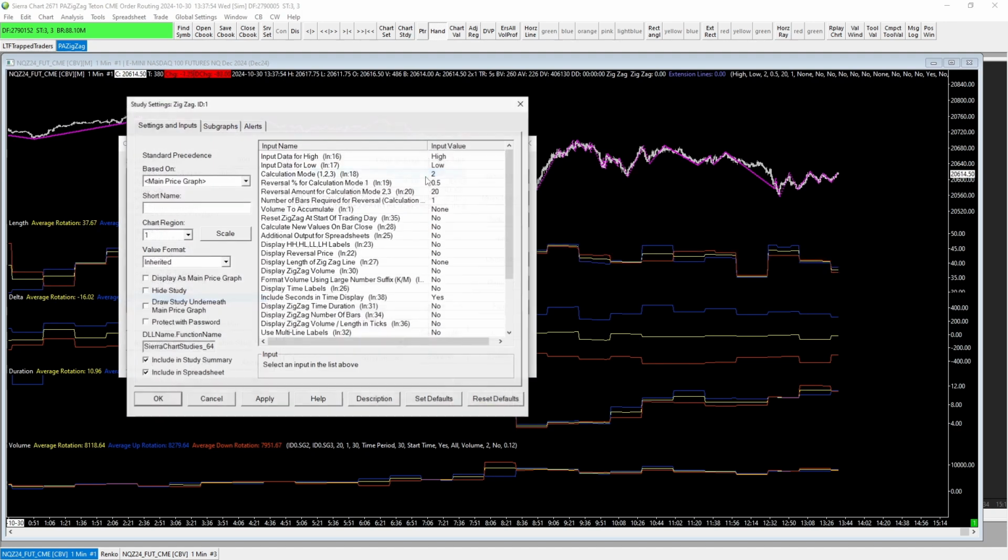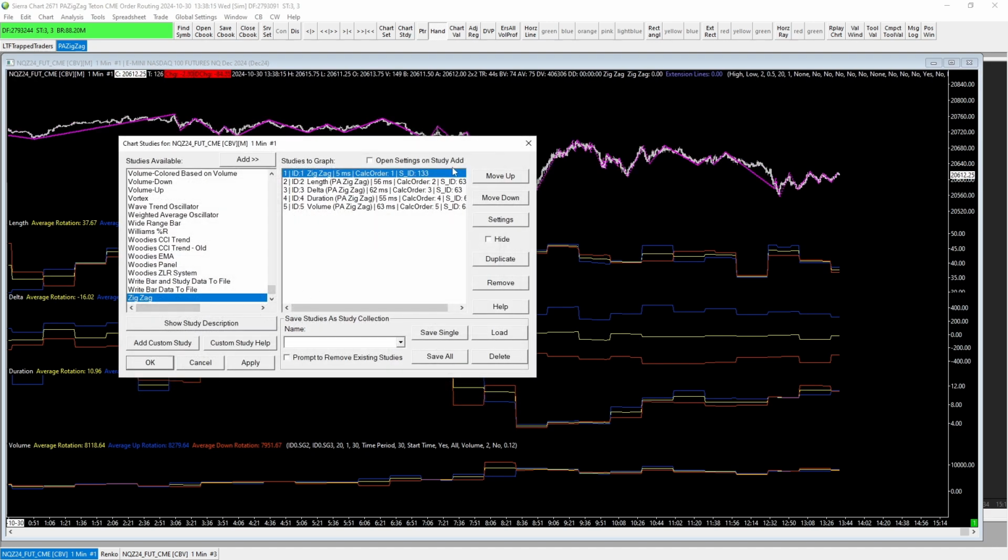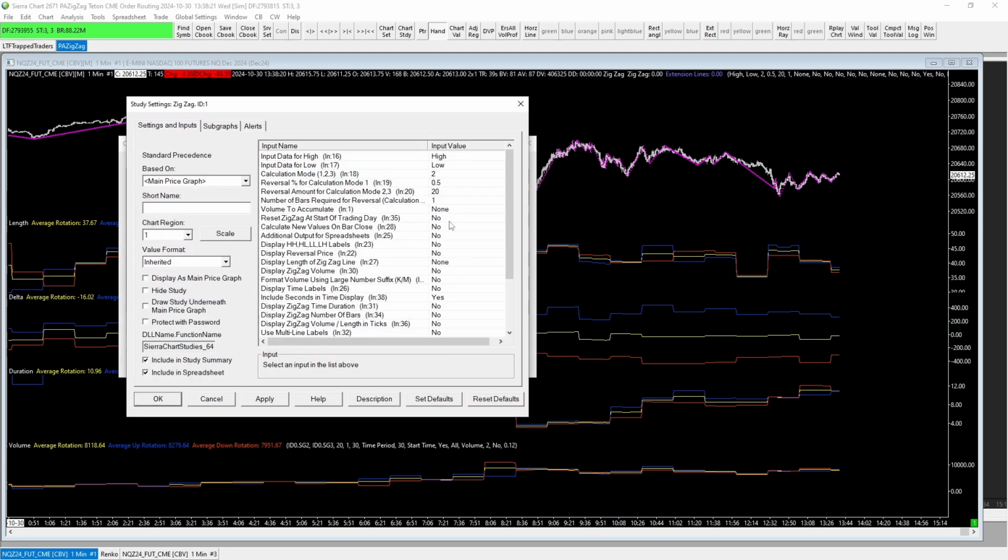Just to see that, if I said 0.01 here, you can see how wiggly that gets, which would then be treating every one of those as a rotation, and the calculation machinery would have to work that much harder, that much more frequently. So if you coarse-grain it, finding this zigzag setting will be product dependent, and perhaps dependent upon how you like to trade and how many points on that product count as a reversal in your book.